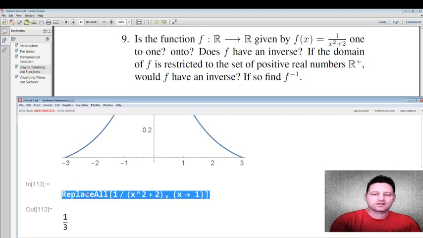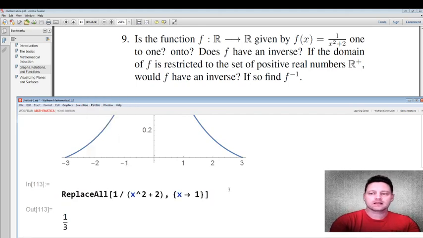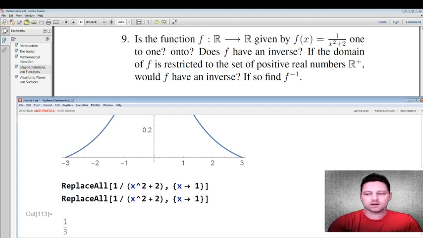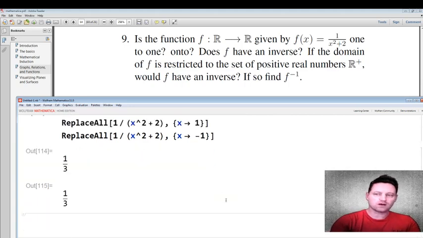Alright, now if we do the same with -1, alright, so I'll just put a minus 1 there, shift enter, we also get 1/3. Okay, so these two are equal, but 1 is not equal to -1.